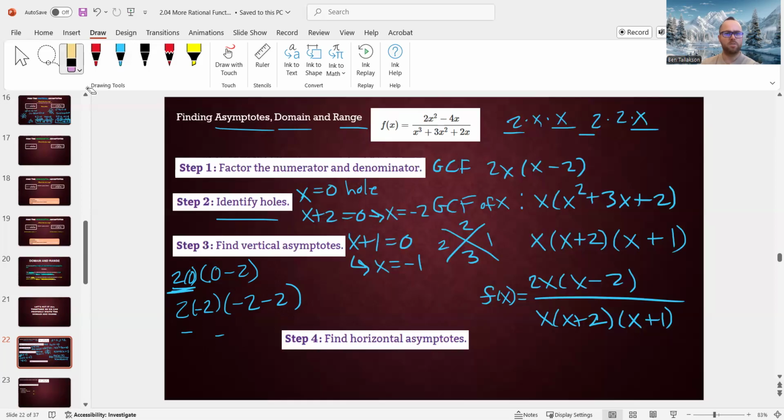Let's check the last one. Negative 1, so 2 times negative 1, and then negative 1 minus 2. We're going to have negative 2 times negative 3. That is not 0 either, okay? So we found a hole on our graph.